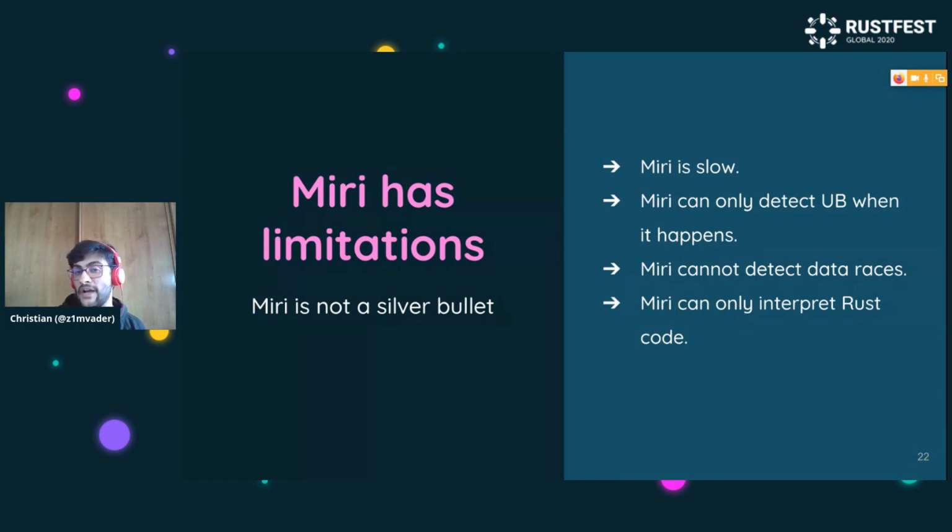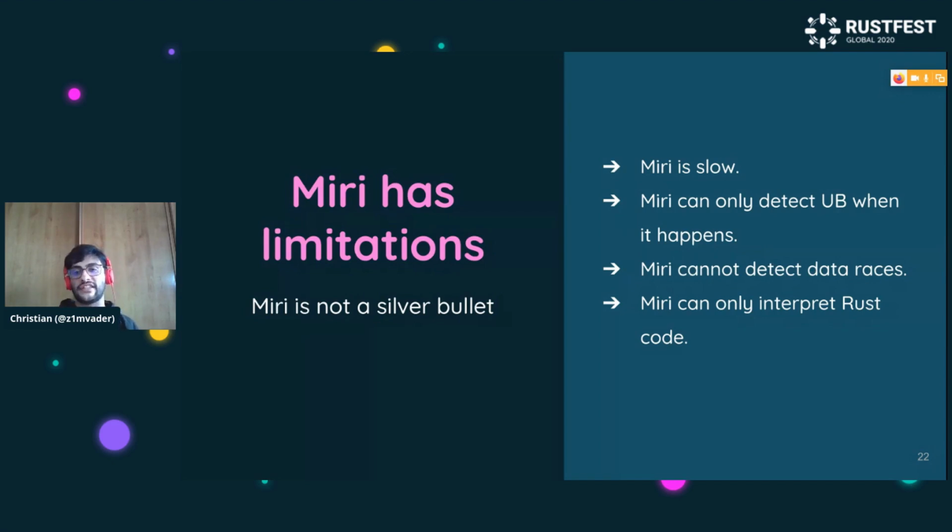And the other important point is that Miri can only detect undefined behavior if it's happening. As I showed you in the example, we have a program that might have undefined behavior if someone calls a function with a certain argument. But if that doesn't actually happen, Miri won't warn the user about this case.